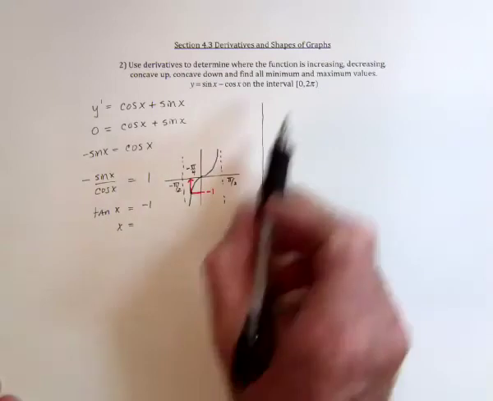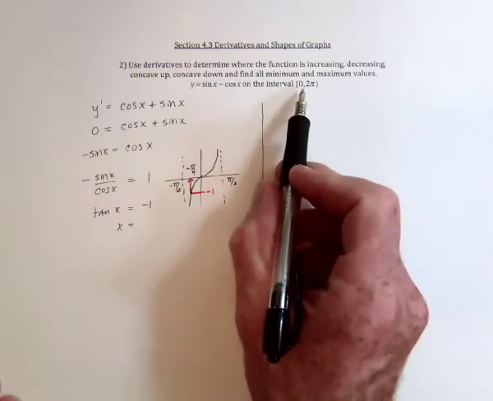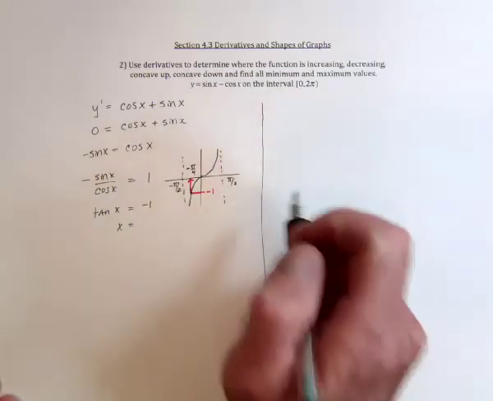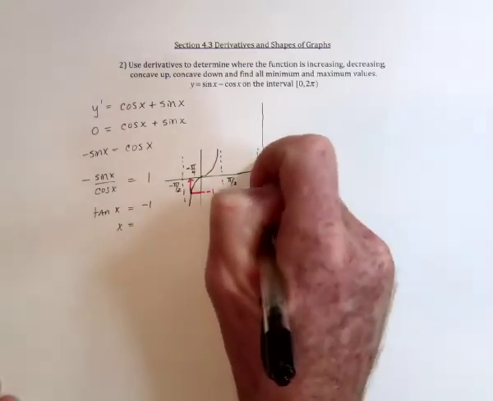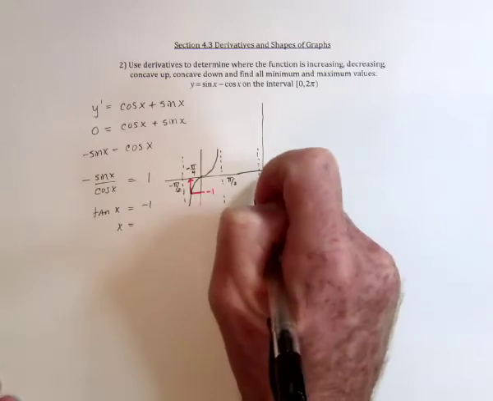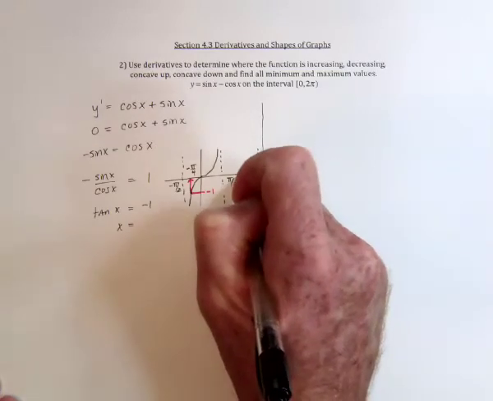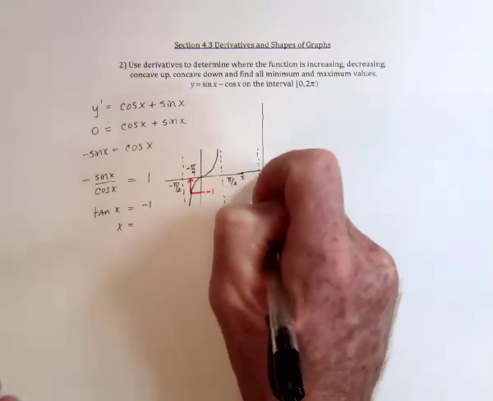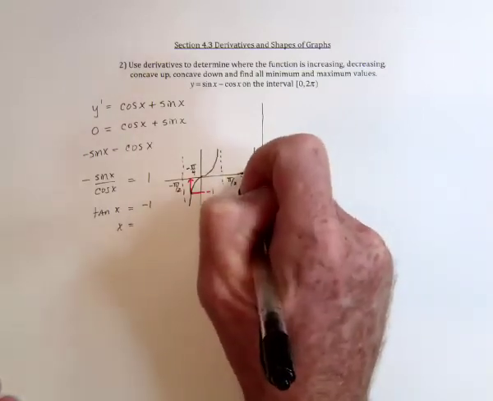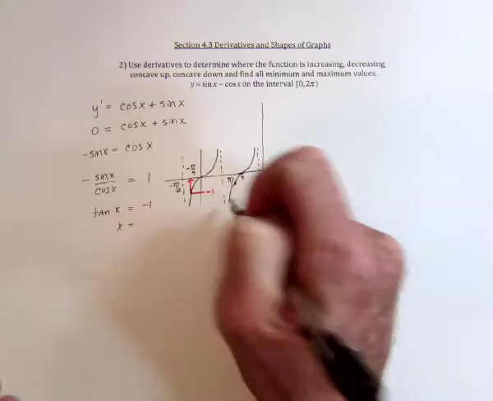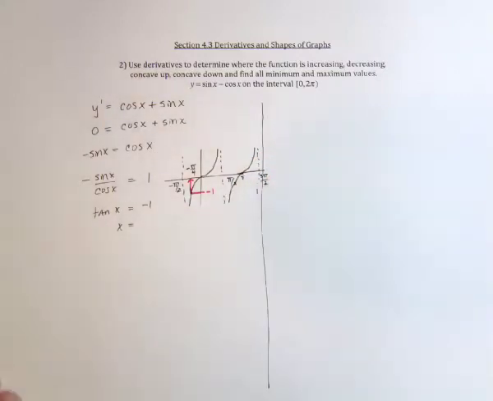But the problem is the directions say that I should have positive answers. So that means I need to follow this graph over farther. There's going to be, let's see, that's half of pi, so pi would be right here, and then 3 pi over 2. So there's another branch of tangent that looks like this.